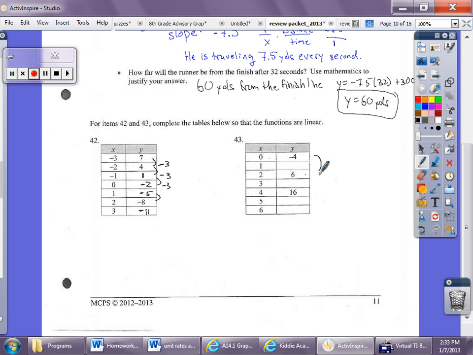From negative 4 to 6, that's actually plus 10. Well, we need to do two things. Half of 10 is 5, so we need to add 5 and then add 5. Negative 4 plus 5 is 1. 1 plus 5 is 6. 6 plus 5 is 11. 11 plus 5 is 16. 21, 26. So we are just adding 5 each time here. Linear functions have a constant rate of change. And we'll stop there for now.